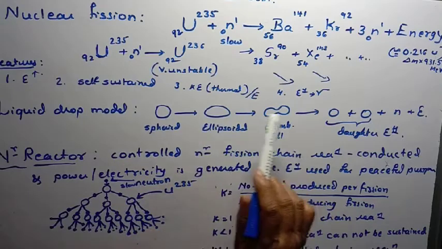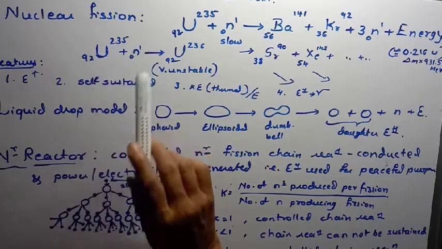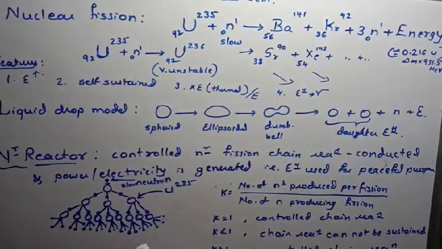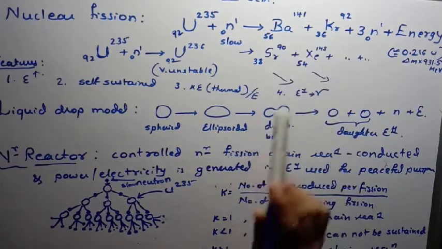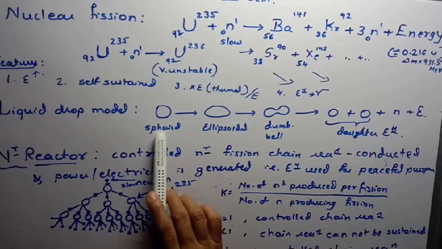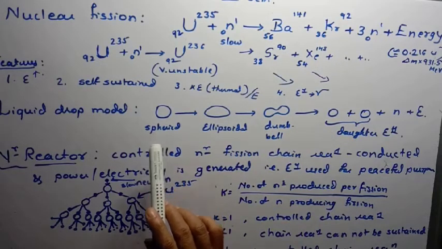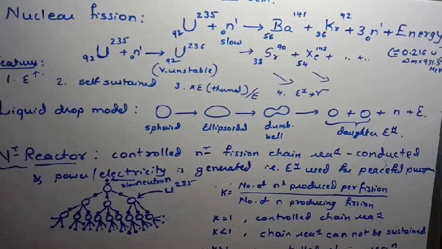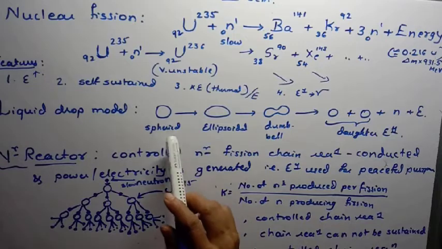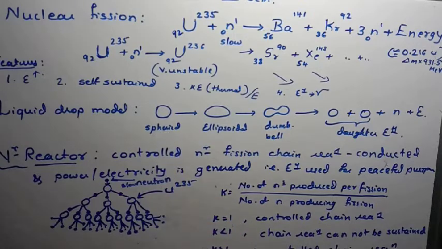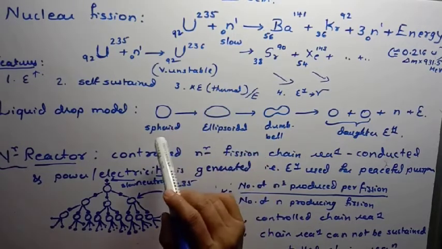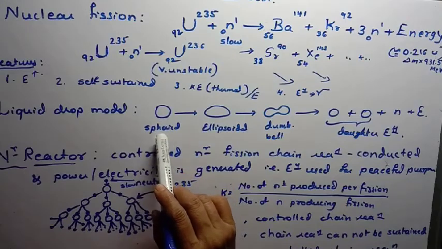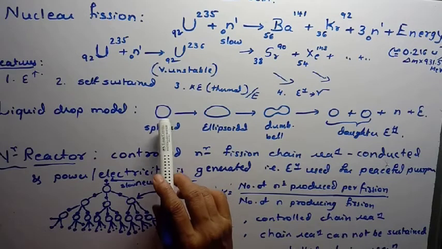In the same way, one can explain the splitting of uranium into its daughter elements. For example, when uranium is bombarded with a neutron, the neutron supplies energy to the nucleus of uranium.